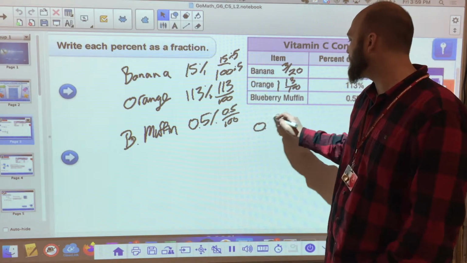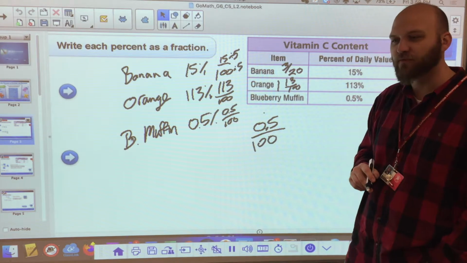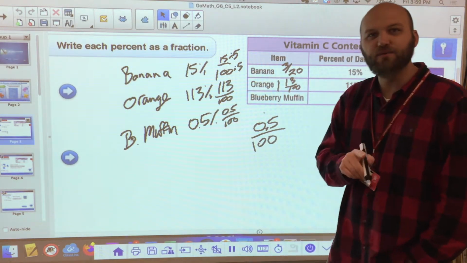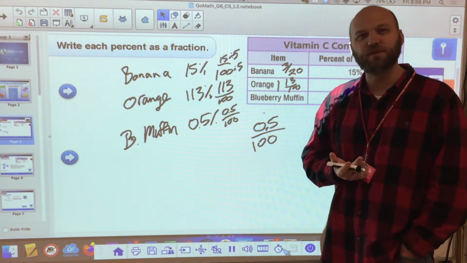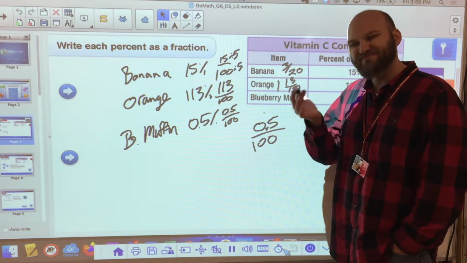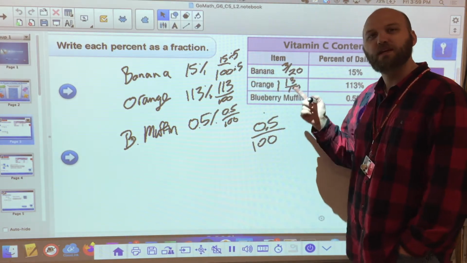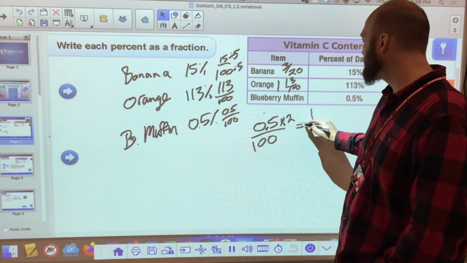And then I get 0.5 over 100. So 0.5 over 100, that's kind of funny. I wonder what I could do with that. Well, I have a decimal in a fraction, and that's the stuff of nightmares for some people, but I can really make this work to my advantage. If I have 0.5, if I multiply that by 2, I get 1.